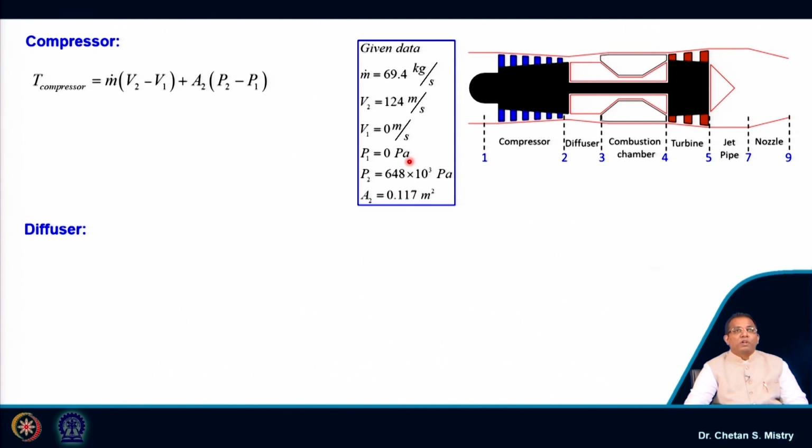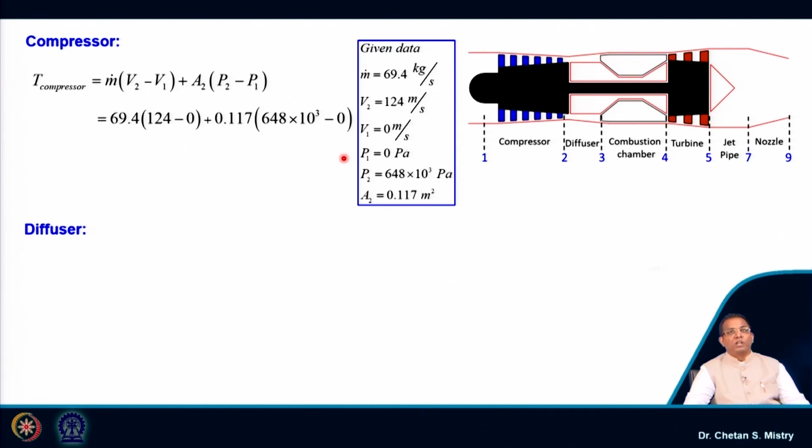For entry condition, we have our value of mass flow rate, we have our exit velocity, no information is given in terms of flight condition or the ground condition. We are taking our V1 equal to 0, so we can say our engine is on the ground. The pressure at the entry also is not given, so we will assume that pressure to be 0 Pascal, and the pressure at the outlet is given as this number. So, let us try to put all these numbers.